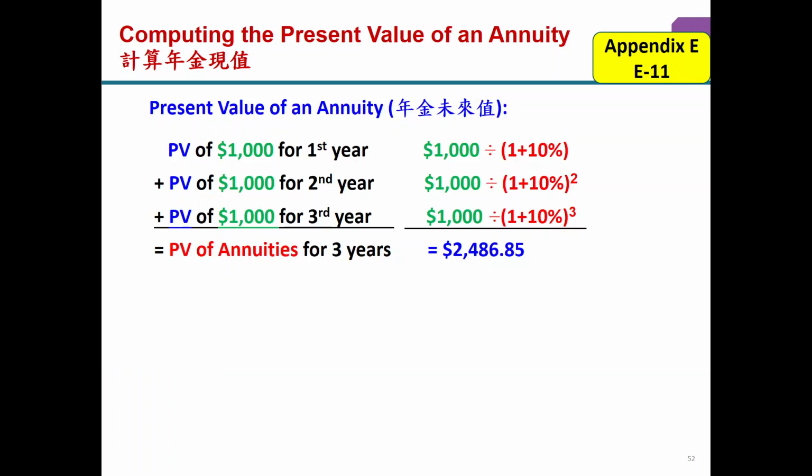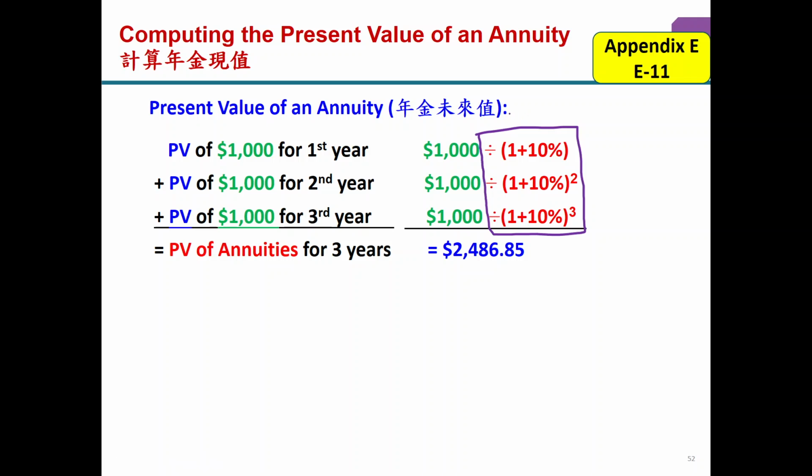Did you find out? First 1,000 divided by 1 time, second 1,000 divided by 2 times, third 1,000 divided by 3 times. Okay? Accounting still the same. We do the jobs for you guys. For this part, we prepare your table 4. Table 4, present value of annuity of $1.